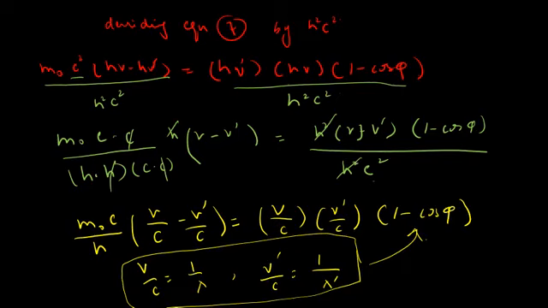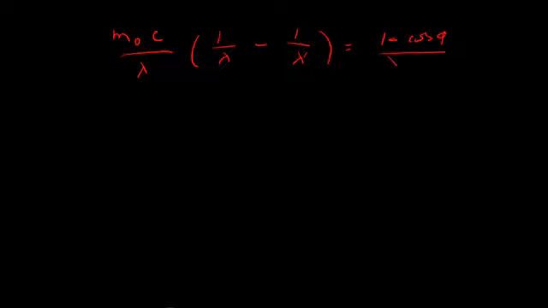we can further simplify it, and it will be equal to m naught c divided by h into 1 over lambda minus 1 over lambda prime, equal to 1 minus cos of phi over lambda into lambda prime.